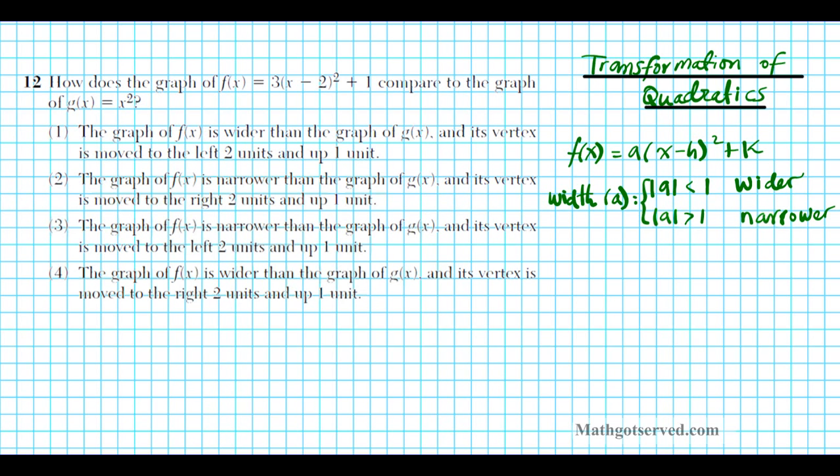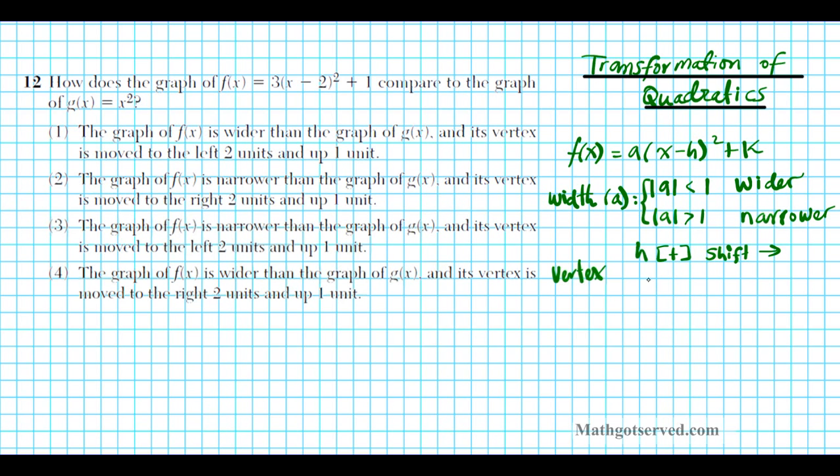Now, how about h? h tells us about the horizontal translation. It tells us basically how the vertex shifts. So let's group them all as the vertex. If h is positive, you're going to shift to the right, h units to the right.